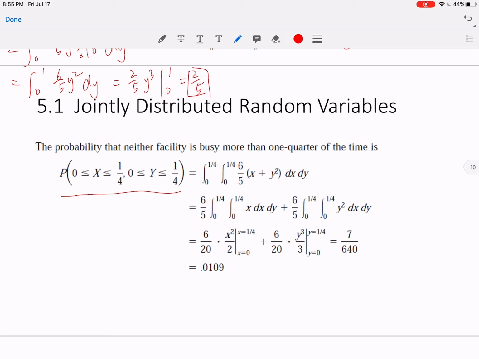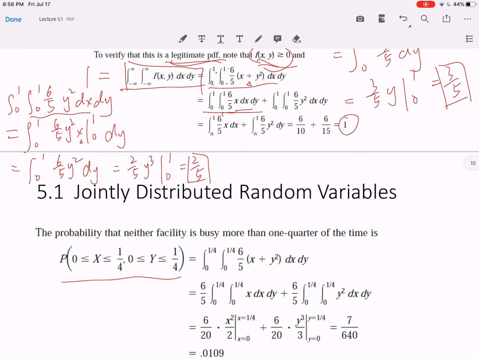Since we're looking for this probability, we just need to integrate the joint PDF, which is given here, over those two intervals. Okay, so from 0 to 1/4 and 0 to 1/4, dx dy.